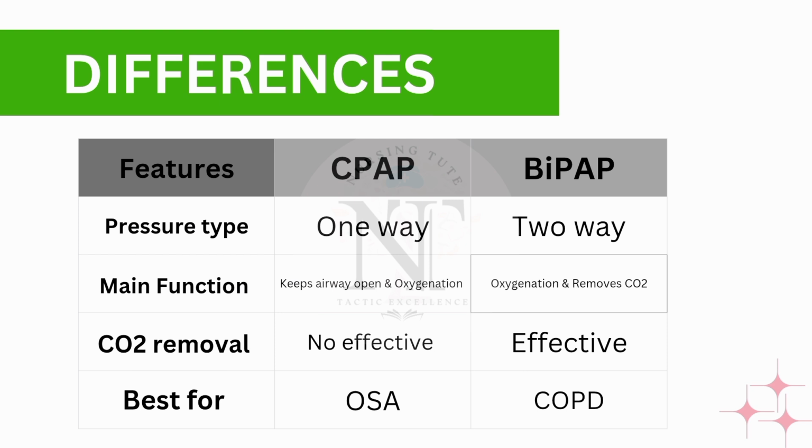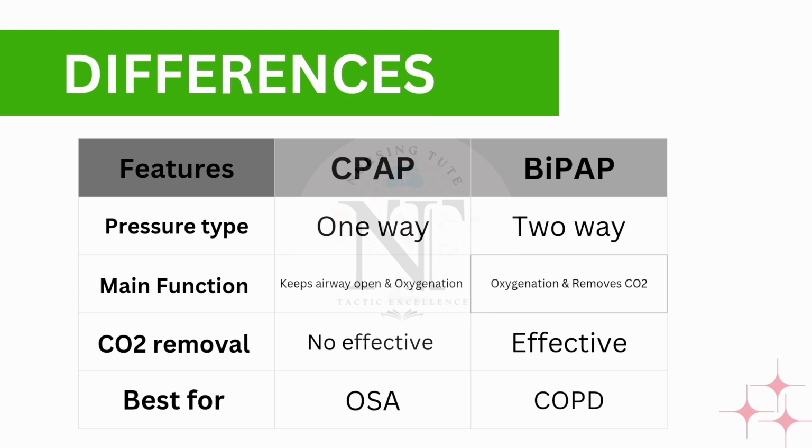In CO2 removal, CPAP is not effective, whereas BiPAP is very effective. CPAP is best for obstructive sleep apnea patients because it keeps the airway open, right? So this helps in reducing sleep apnea occurrence. And BiPAP is best for COPD patients with CO2 retention because BiPAP helps in removal of CO2.